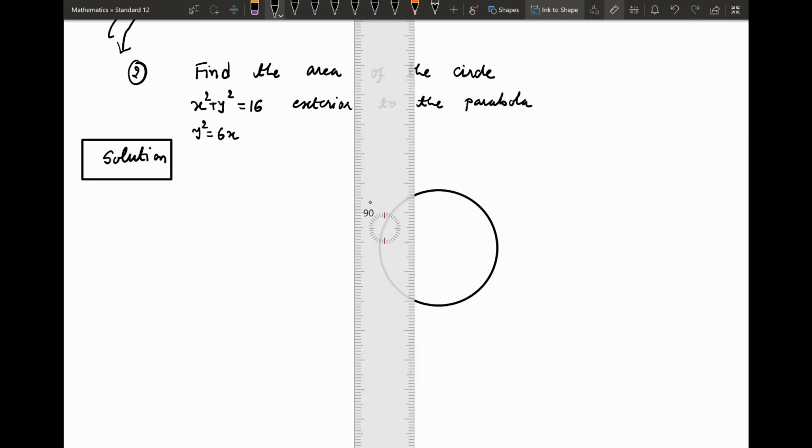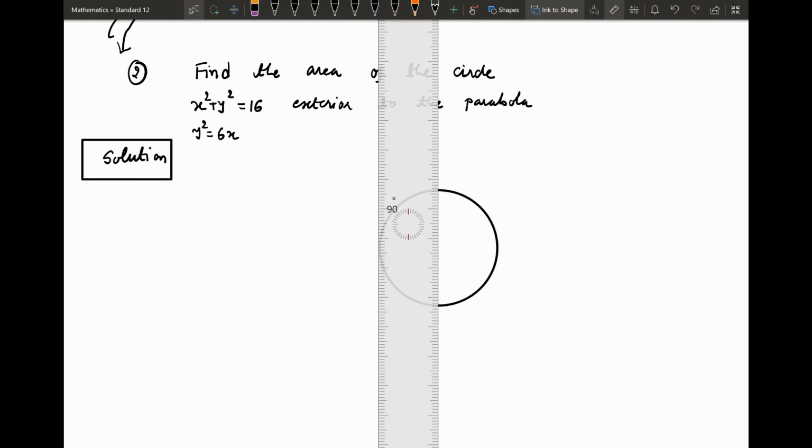This is the circle, x square plus y square equal to 16.